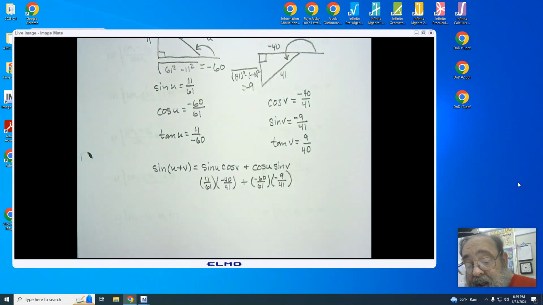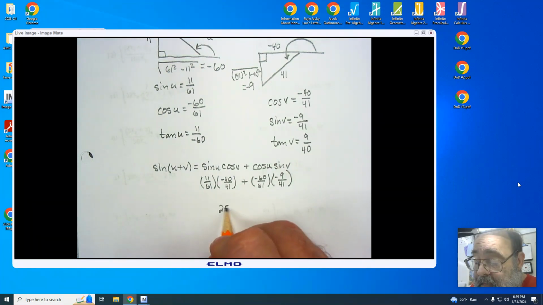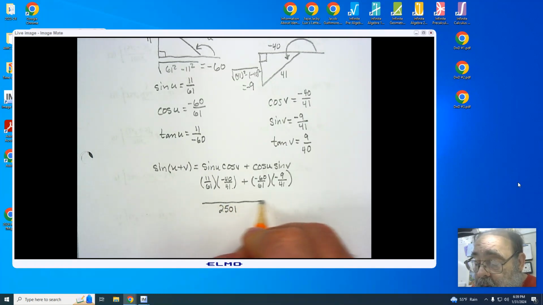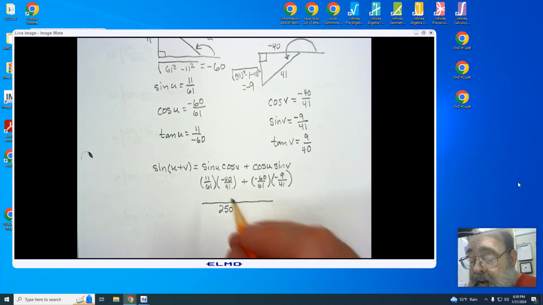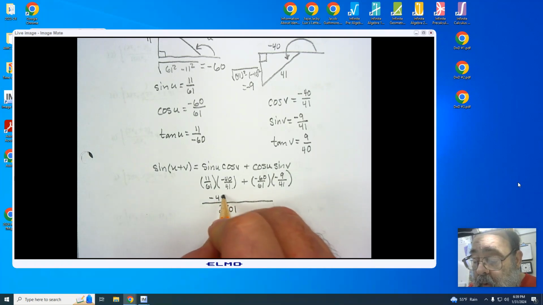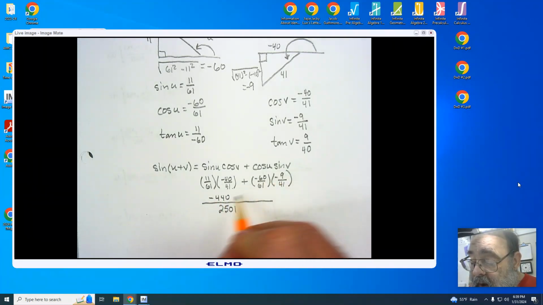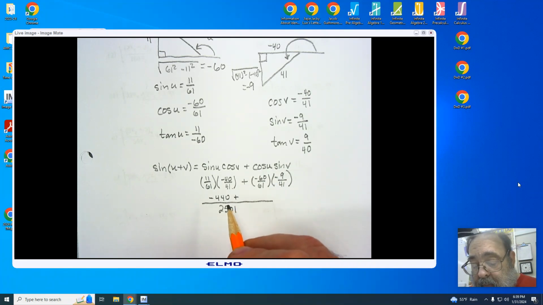Now 61 times 41 is 2,501, and it will be a common denominator between both fractions. When we do the 11 times the negative 40, we end up getting a negative 440. The double negative here will become a positive, and we are simply looking at 9 times the 60.